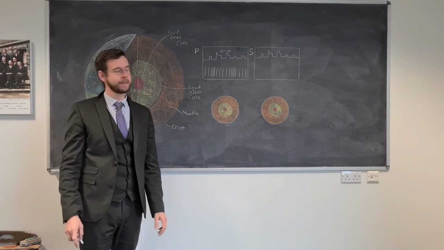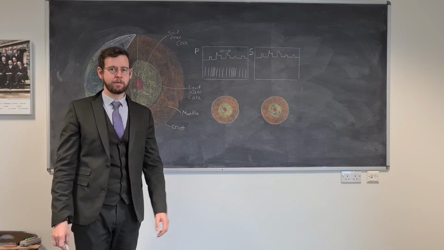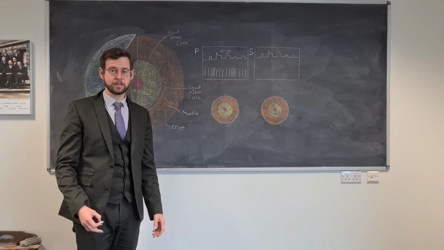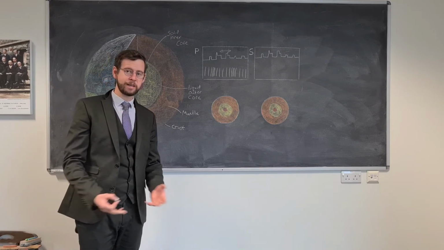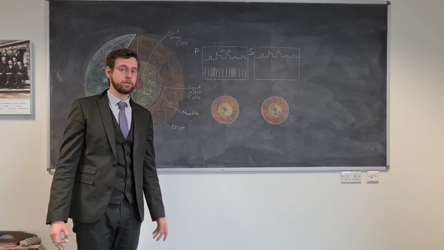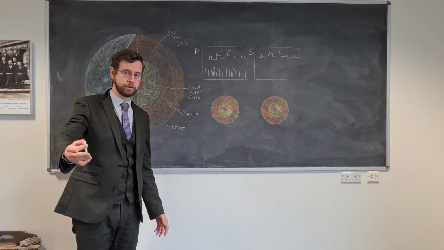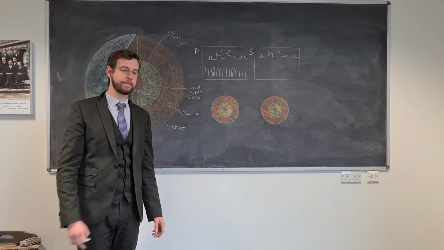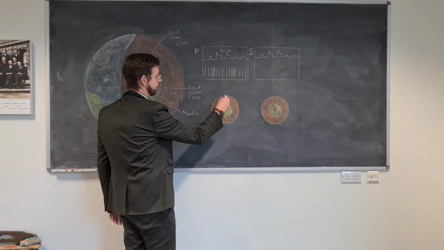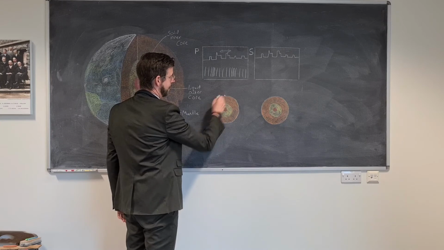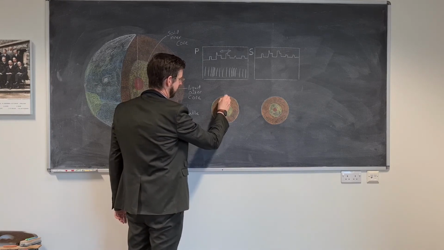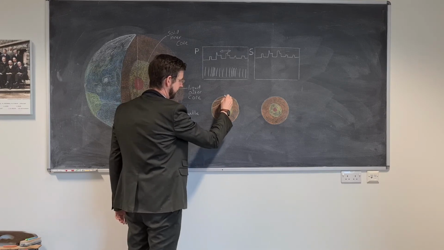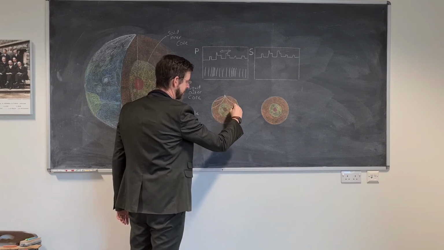So P waves are really interesting because P waves can travel as compressions through any medium, including fluids. Being just like normal sound waves means that they can travel through, well, there's no gas down there, but they can travel through liquids and they can travel through solids. So if this point here is the source of an earthquake, then the P waves radiate like this through the solid sections.